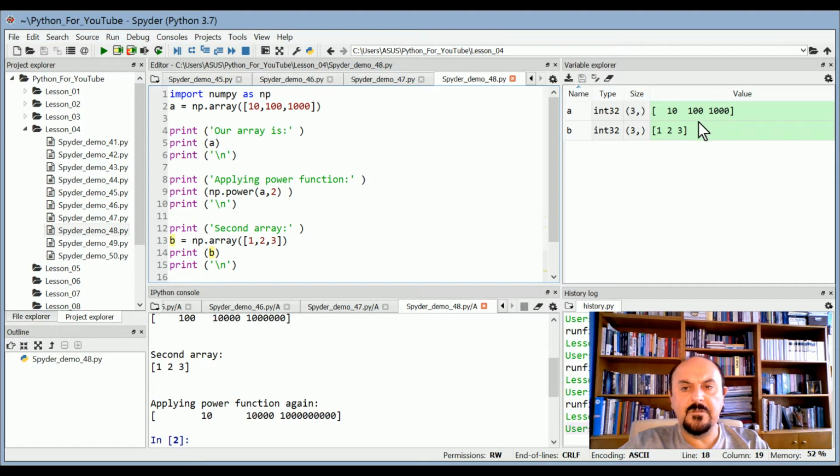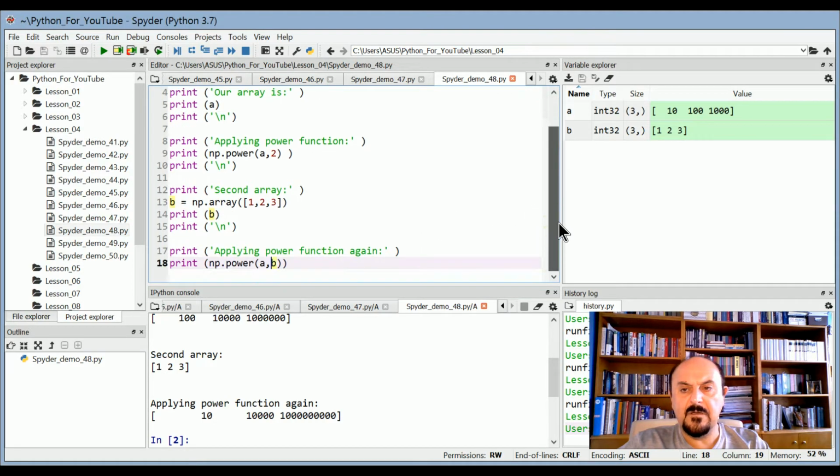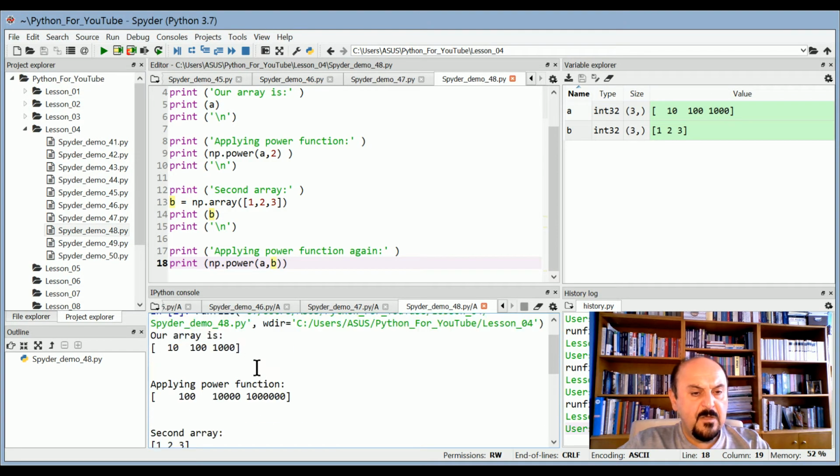Okay, my original array is A, and this is the B variable. The contents will be 1, 2, 3, and as you see, after applying the power function, that means the power of 2, it becomes 100.